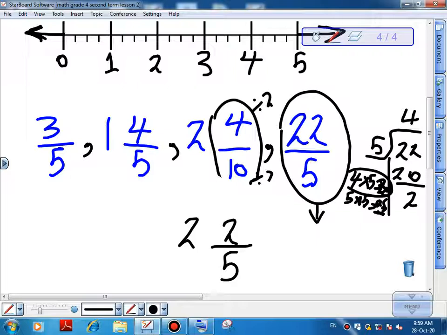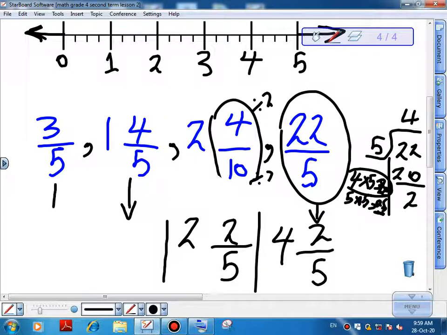We transform this fraction to a mixed number like this. We keep the same denominator 5. 20 over 5 equals 4. We put 4 in the whole number, and the remainder 2 will be in the numerator. It will be 4 and 2 over 5. Okay? This is the same thing.